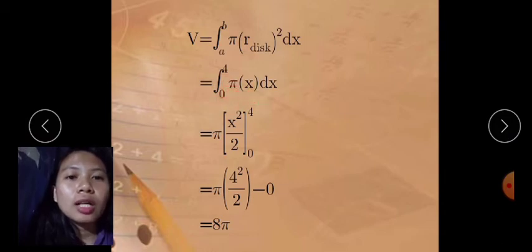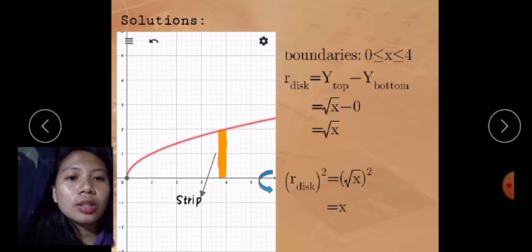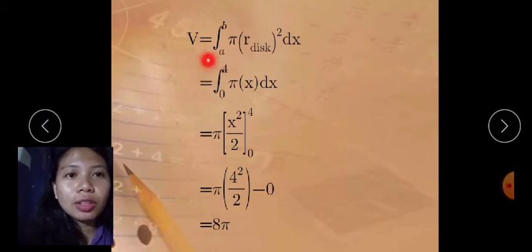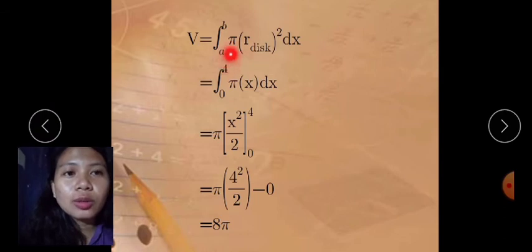As we can see earlier, we have r d squared is equal to x. Now, we use the formula of the disk method, which is the volume is equal to the integration from a to b of pi times r d squared dx.